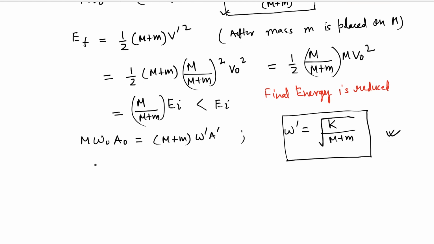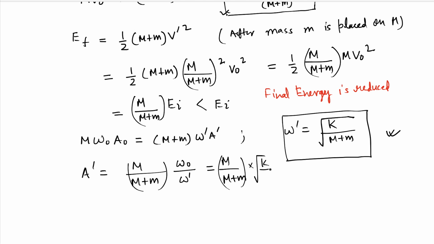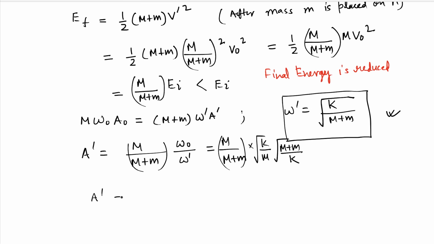So if we use this one, then we get a prime as m by m plus m omega 0 by omega prime, and which is m by m plus m root k by m times m plus m by k, and therefore a prime is m by m plus m root under, the a0 is there, a0.